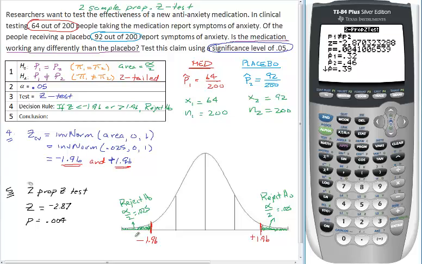Well, if we look at that on our chart, it's definitely in the reject region, isn't it? Negative 2.87, somewhere around here. So there's our z test value, and therefore it's less than negative 1.96. Therefore, we reject the null hypothesis.